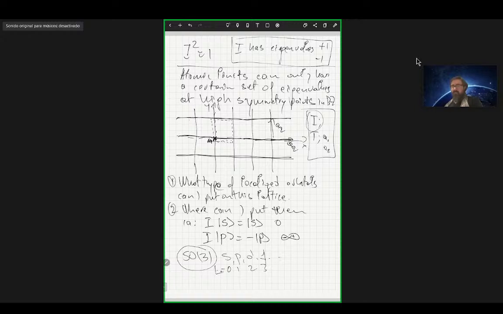But on a lattice, you don't have rotation symmetry, right? Because the lattice has a translation, and you're not in ether. You don't have rotational symmetry. So really, on the lattice, this large symmetry group breaks down to the symmetry group of the lattice. And the only thing that you can do mathematically is define your orbitals by the symmetry group of the lattice, not by this large symmetry group that chemists talk about.